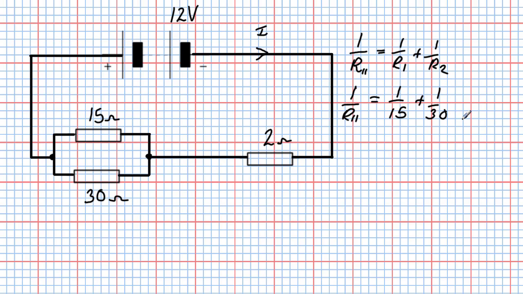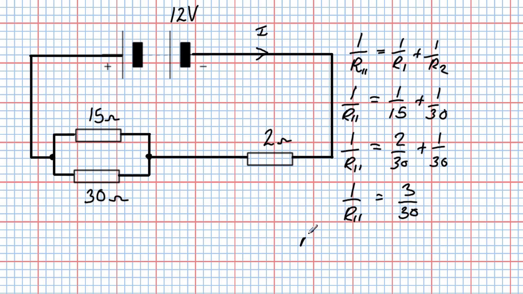We've only got two resistors in parallel. Now you can easily do that in your calculator, but you can easily see the fractions coming out quite good. 1/15 is the same as saying 2/30, and 1/30 we can put down just as 1/30. So 1 upon the total parallel resistance is equal to simply 3/30.